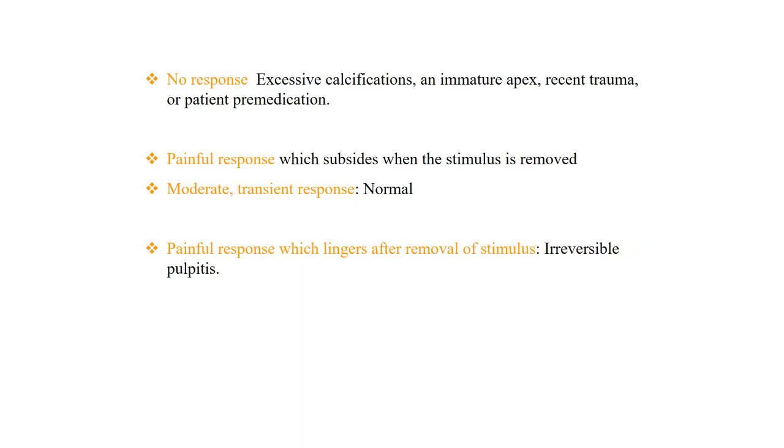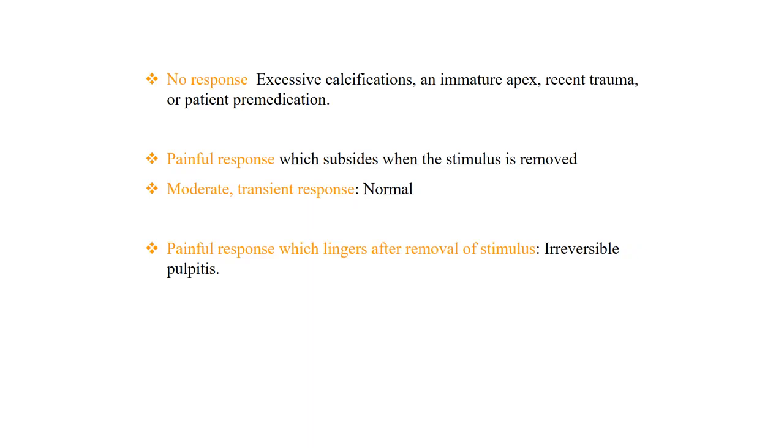Therefore, combining the clinical examination along with the thermal test, we should decide what needs to be done. Sometimes wait and watch may be the best solution. Similarly, if a patient has had a recent trauma, the pulp may be stunned. In this case, the nerve fibers will not respond.